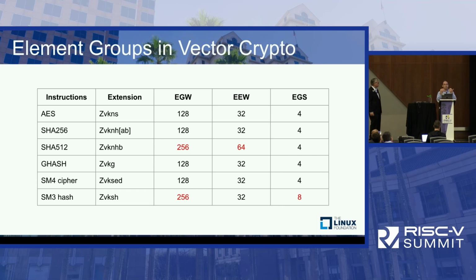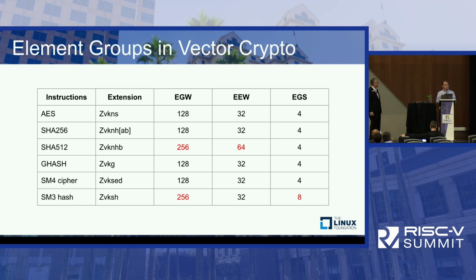That's because when you're implementing many of these algorithms, you have to do some operations between the vector crypto instructions. And for AES, the common operations would be 32-bit. If you look down on the third row, SHA-512, the operations that you would be doing are 64 bits.